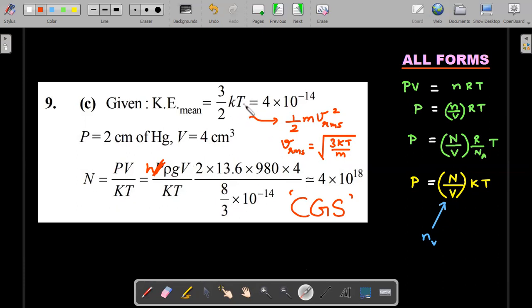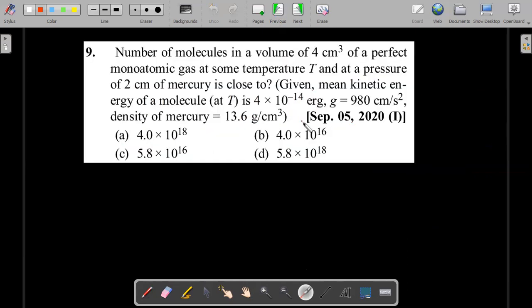From here he has substituted. He didn't substitute for K and T separately. The value of KT was substituted as 8 by 3 into 10 power minus 14. So this was the substitution. Approximately you end up getting an answer which is associated with this. Always look for the closest possible answer in this kind of a scenario.